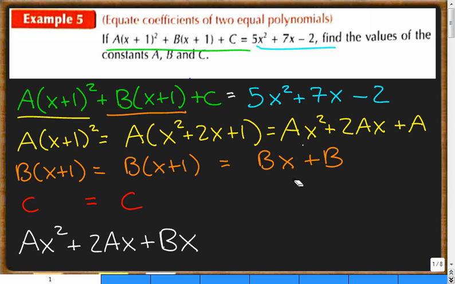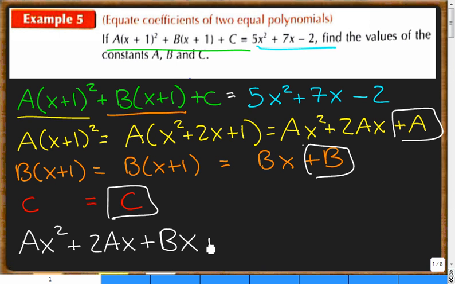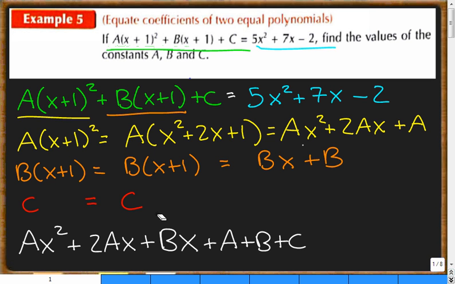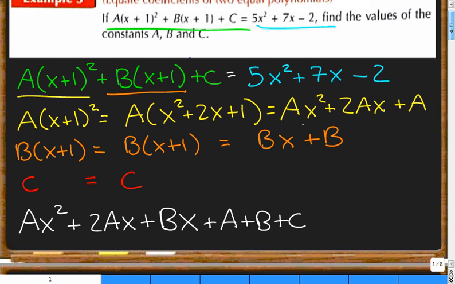And then all our constant terms, our positive a, positive b, and positive c, make a plus b plus c. So this is what this looks like all expanded out. It looks similar to what we have on our blue polynomial, but we're not ready just yet to make any kind of statement about the values of a, b, and c. We've got a little bit more work to accomplish.